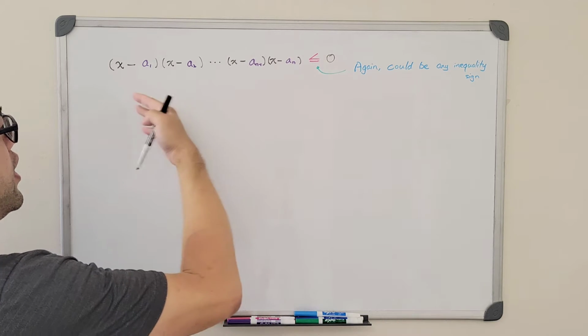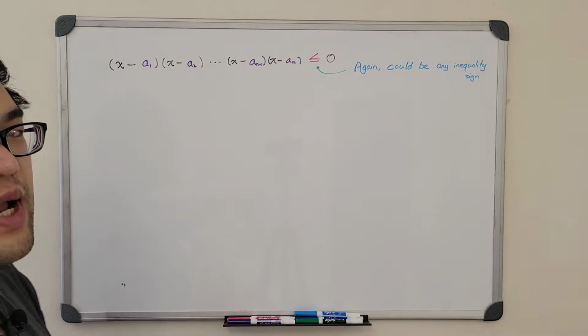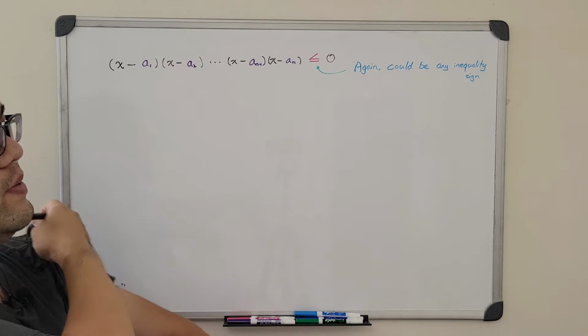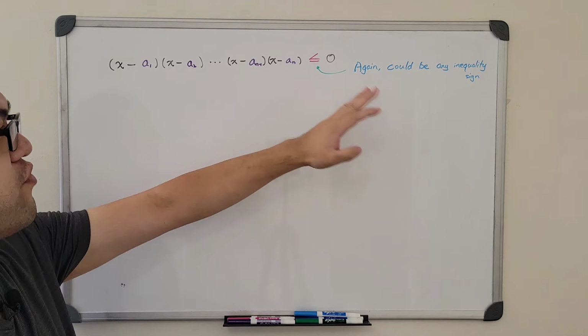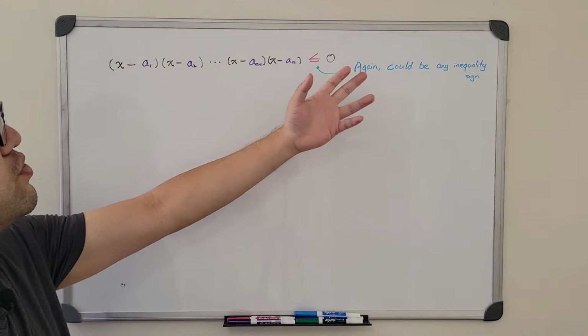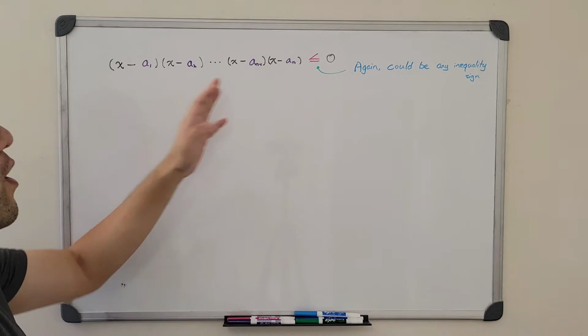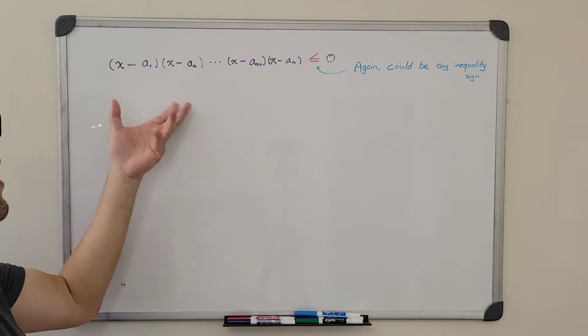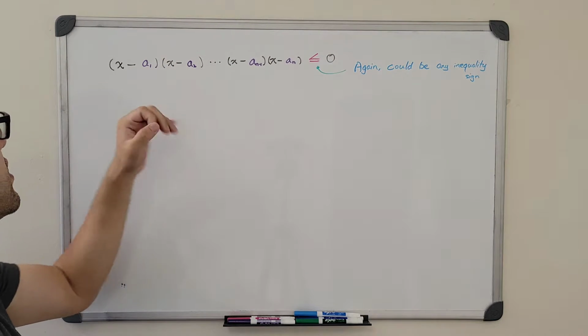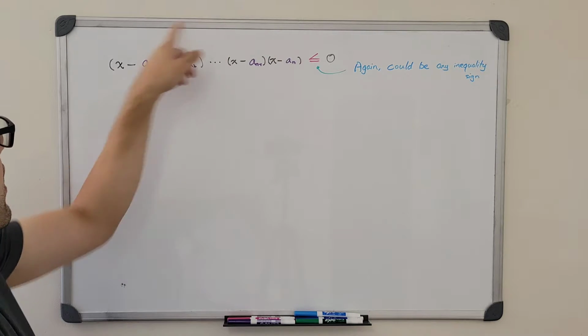Of course, most of the time when we see the problem, we probably don't have the 0 on the right hand side. So what we have to do is move everything on the right hand side to the left, and then we're going to factorize it so that we'll get something like this.